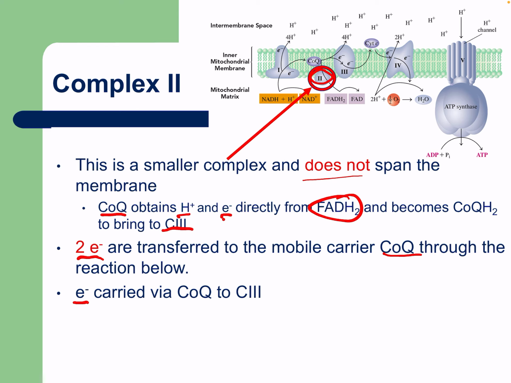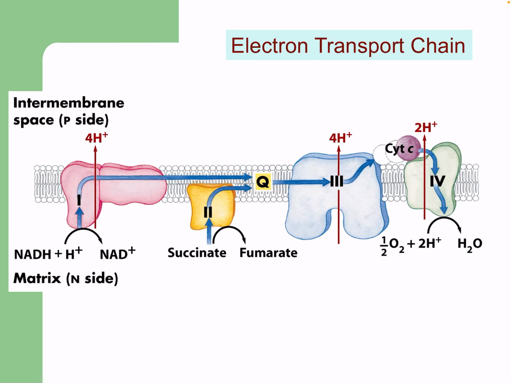The electron is carried via coenzyme Q to complex 3. So again, complex 2 does not span the membrane, receives electrons directly from FADH2. This goes directly to coenzyme Q, which carries it to complex 3, sorry.